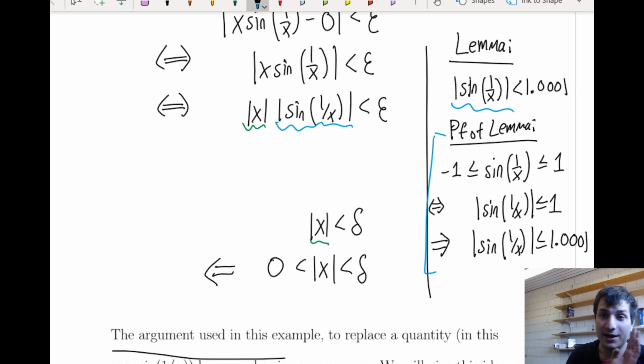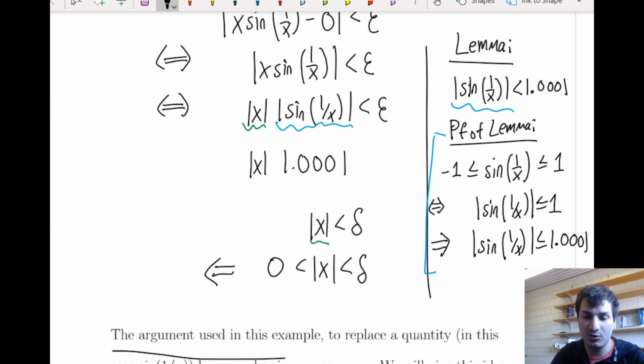That's a lemma. How can we use the lemma? Well, if sine of 1 over x is always less than 1.0001, that means that if you're looking at the absolute value of x times the sine thing, that's always going to be even smaller than the absolute value of x times 1.0001. Why? Because of the lemma.